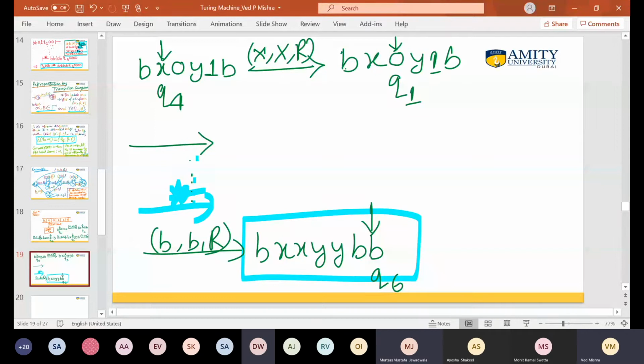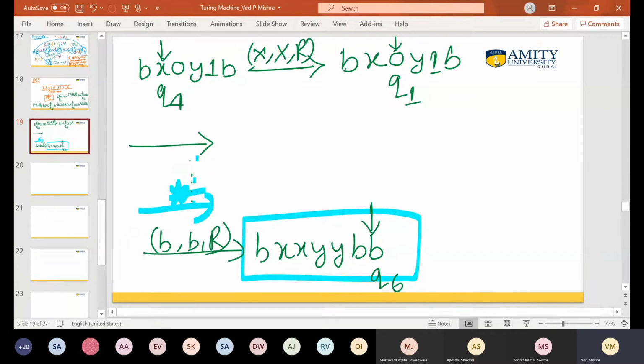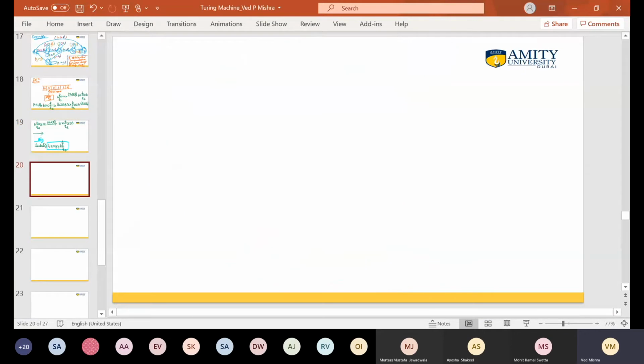It means you will stop here. Till now we have not done the acceptability by Turing machine, that's why you might be a little confused. So our next topic is language acceptability by Turing machine.